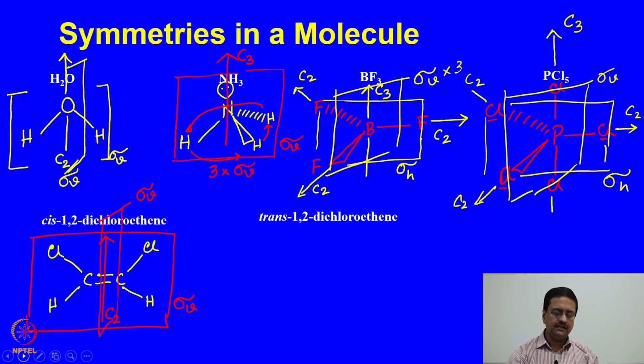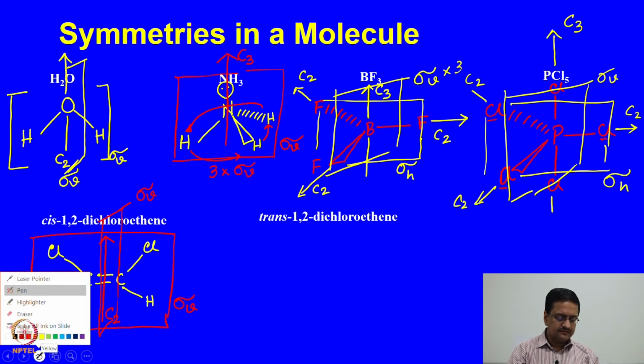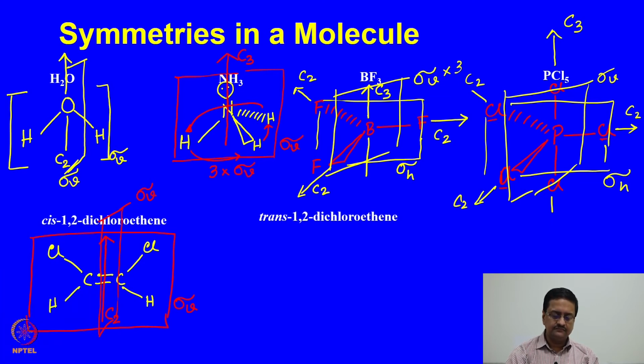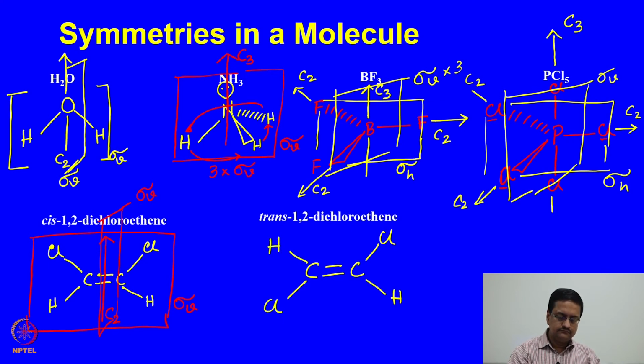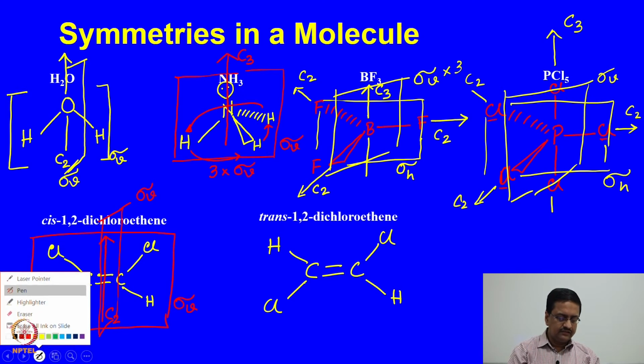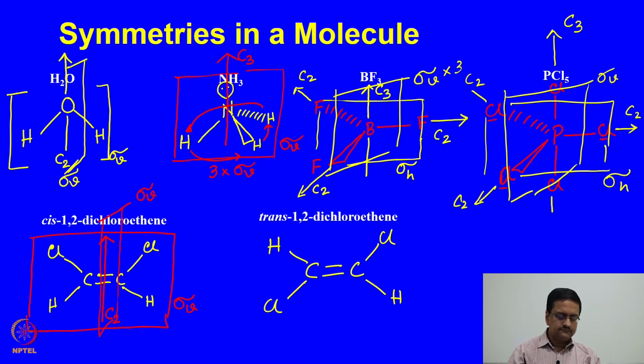Now, let us see the other isomer of this compound, trans-1,2-dichloroethene. In the case of trans-1,2-dichloroethene, what do we see?